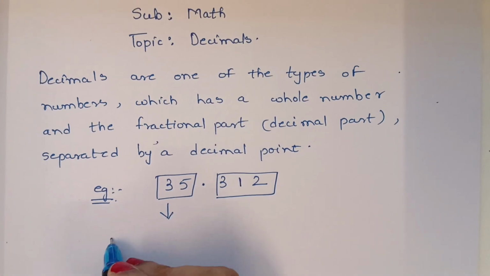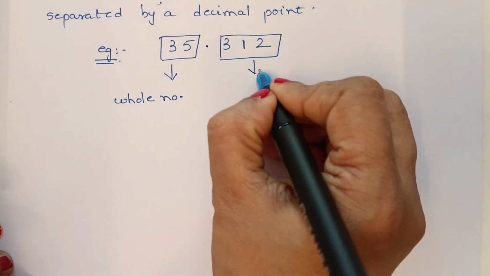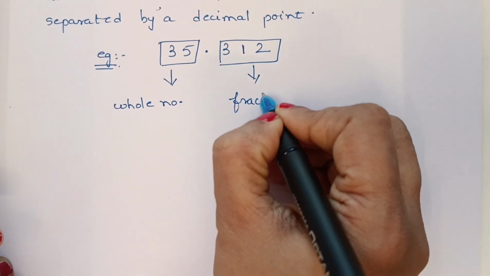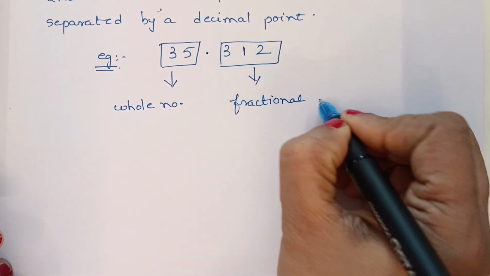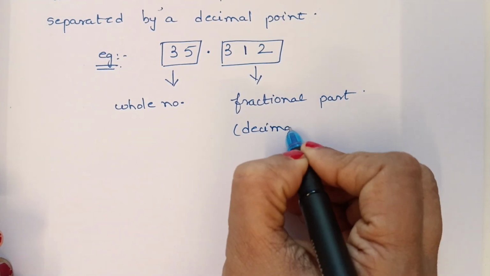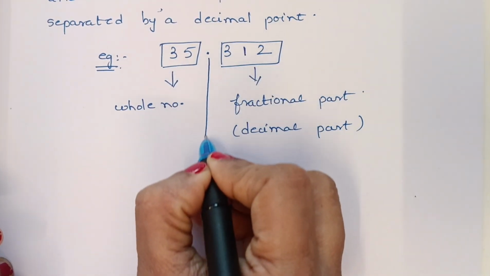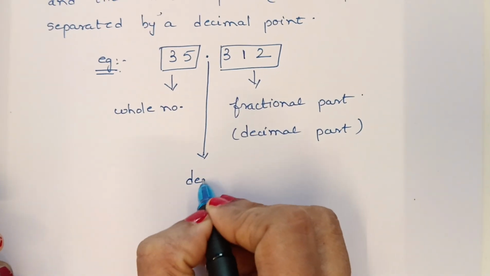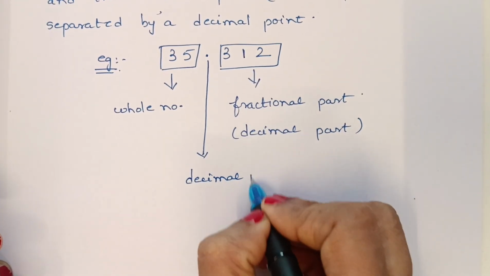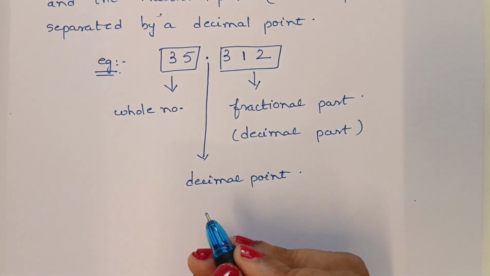So this is called as what? Whole number, and this is called as fractional part. It is also called as decimal part. Now this particular point is called as decimal point. I hope you understood till here.